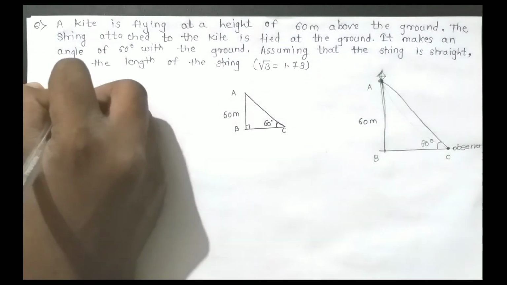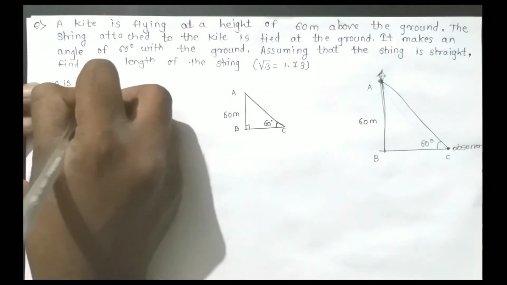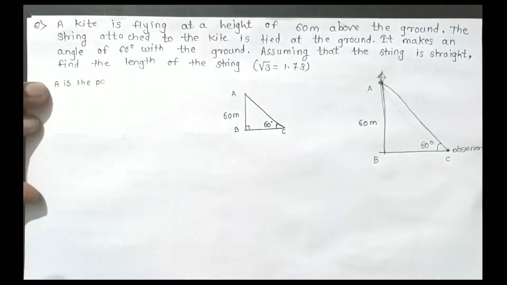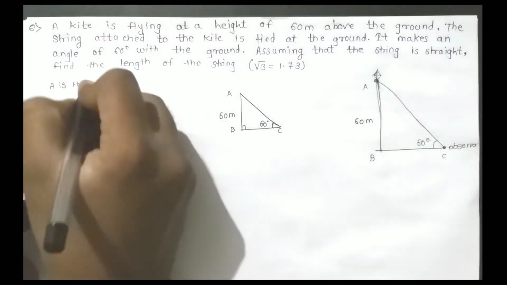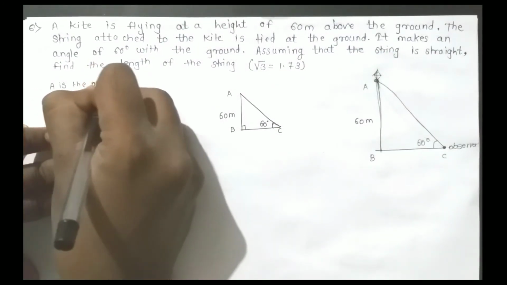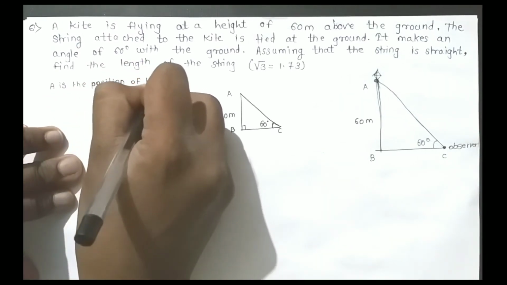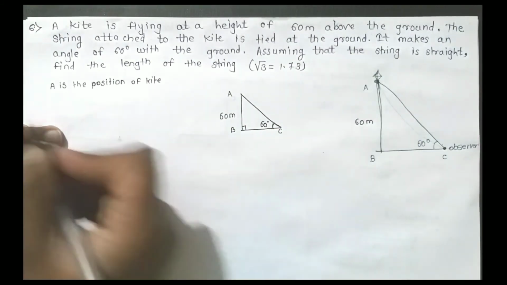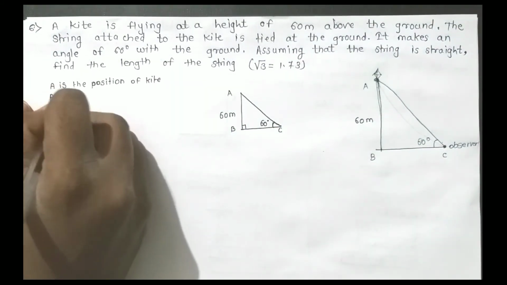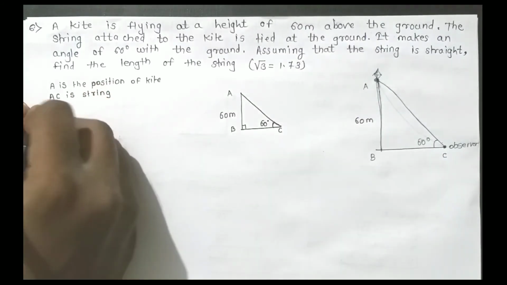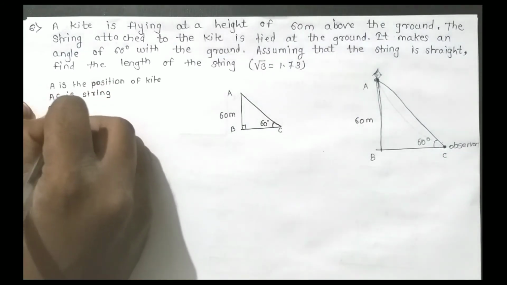Then write information. A is the position of kite. AC is the string.